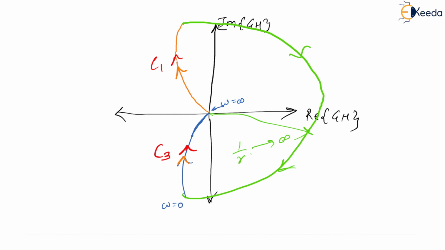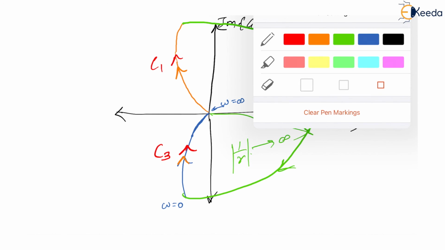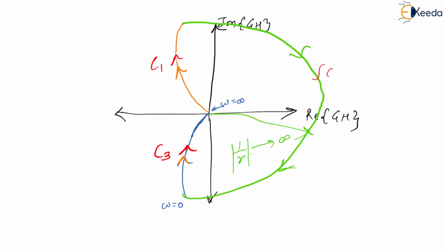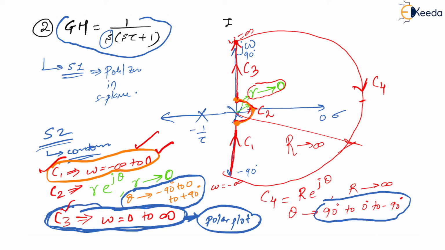I can show it this way also: mod of 1 by r tending to infinity. Now what about the C4 contour? By the way, this is contour C2. So you have successfully plotted C1, mapped C3, and now mapped C2 as well.